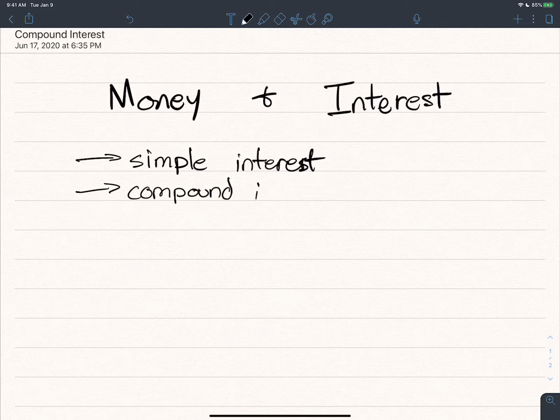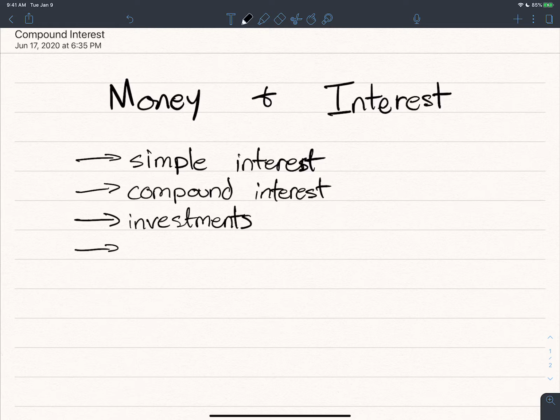And the three different types of compound interest, and we're going to discuss all three and kind of tell how you can calculate all three of those different types of compound interest. After we talk about that, we're going to talk a tiny bit about investments, right?